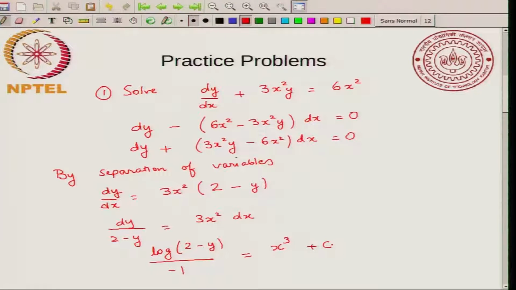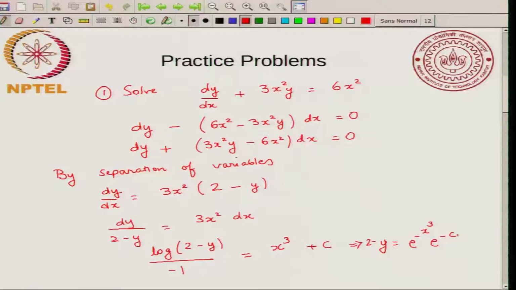So, if I go ahead and multiply it out, what I will get is 2 minus y is equal to e raised to minus x cube into e raised to minus c, where c is the arbitrary constant.